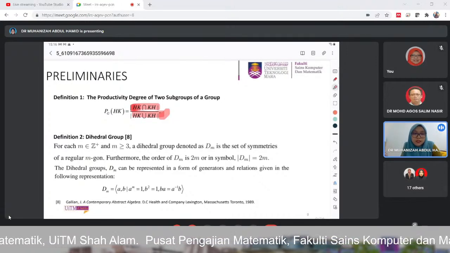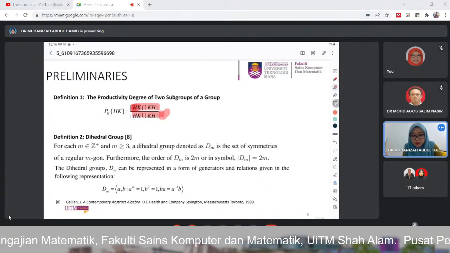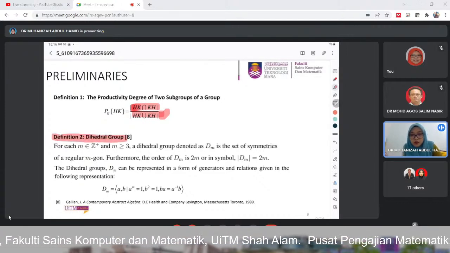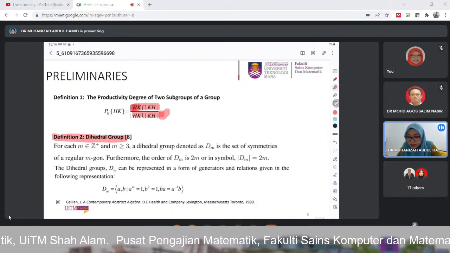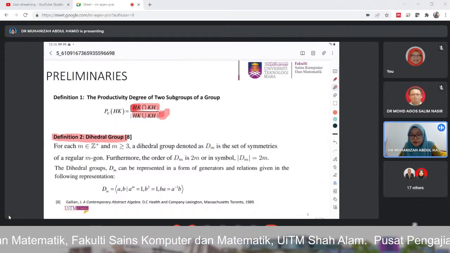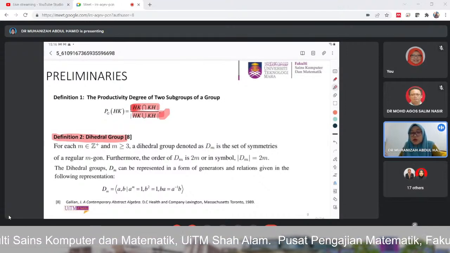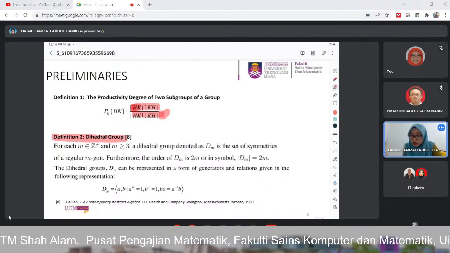And in this research, we focus only on dihedral groups. So this is the definition of the dihedral group by Gallian. The dihedral group, denoted as D_m, is the set of symmetries of a regular m-gon. And the order of the dihedral group is 2 times m.